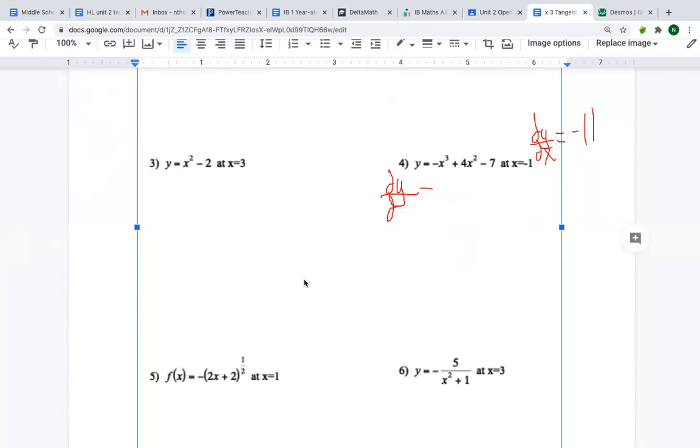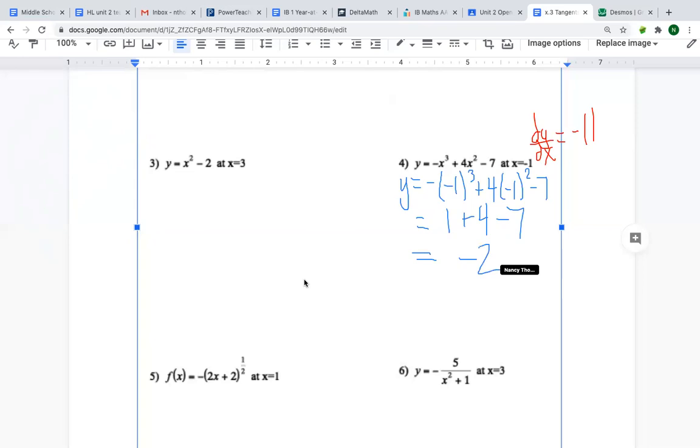Okay, and then the next step is to figure out what my y1 is, which I do by plugging into my original equation. So I have y equals negative 1 cubed plus 4 times negative 1 squared minus 7, which is equal to positive 1 plus 4 minus 7, which is negative 2.